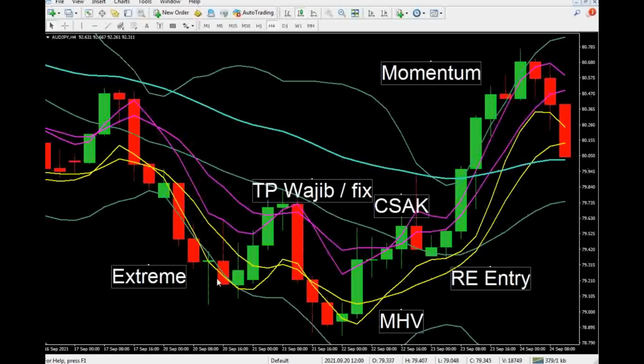This is the extreme structure. So the first one, the candle closing out of the Bollinger Band. The second one is the MA moved out of the Bollinger Band, and the third one is the rejection comes. It is already an extreme structure.